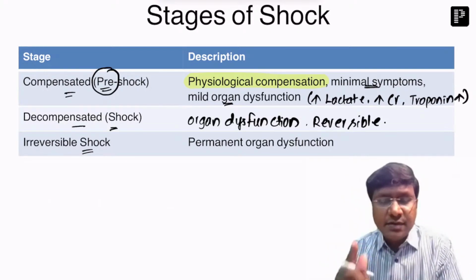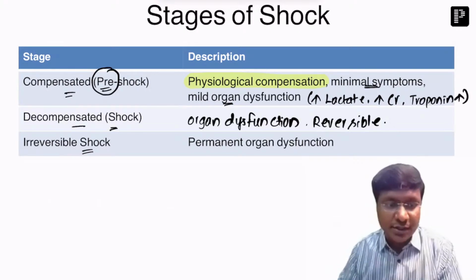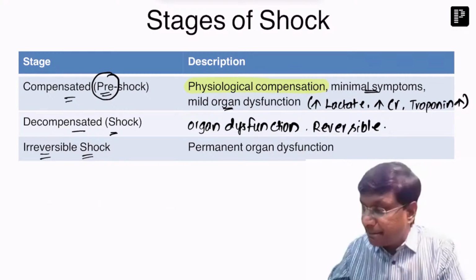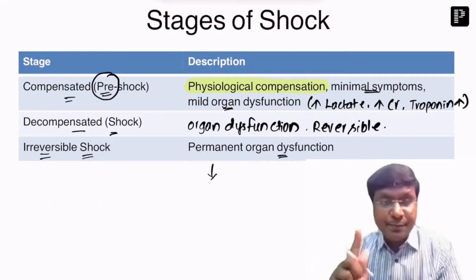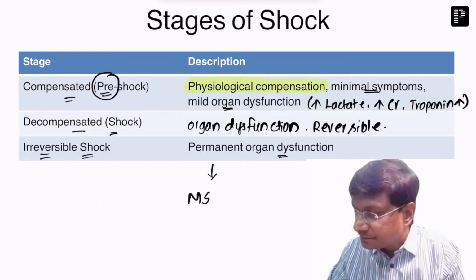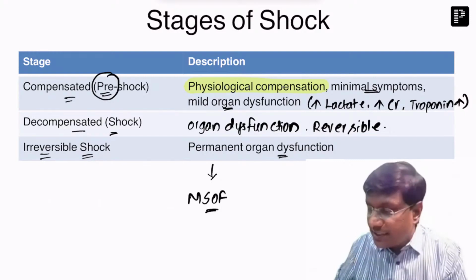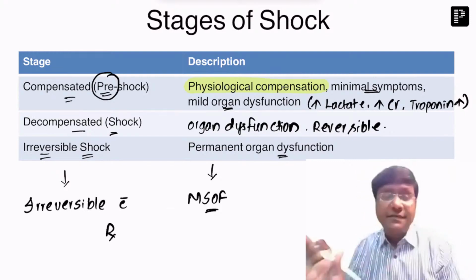So it is reversible with prompt intervention. Whereas in irreversible shock, there is permanent organ dysfunction. So these patients progress to multi-system organ failure, right? They are irreversible even with treatment.